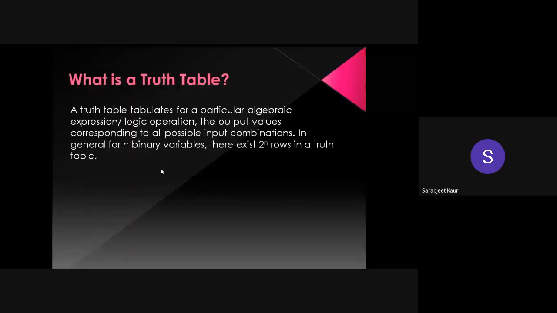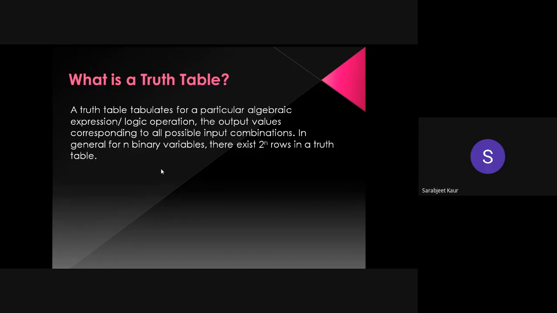So what is a truth table? A truth table basically lists down all the input value combinations. So suppose I am talking about an expression which involves two binary variables.